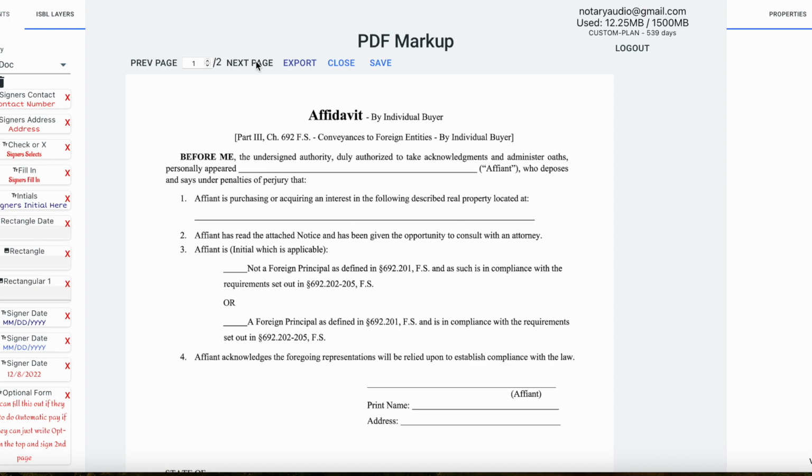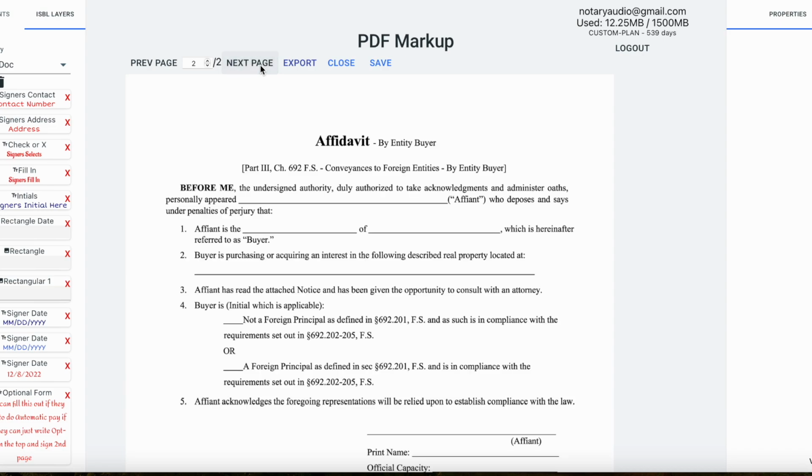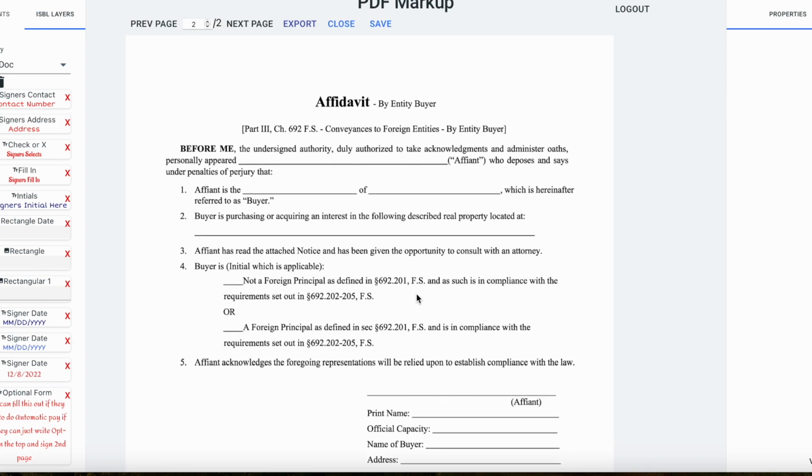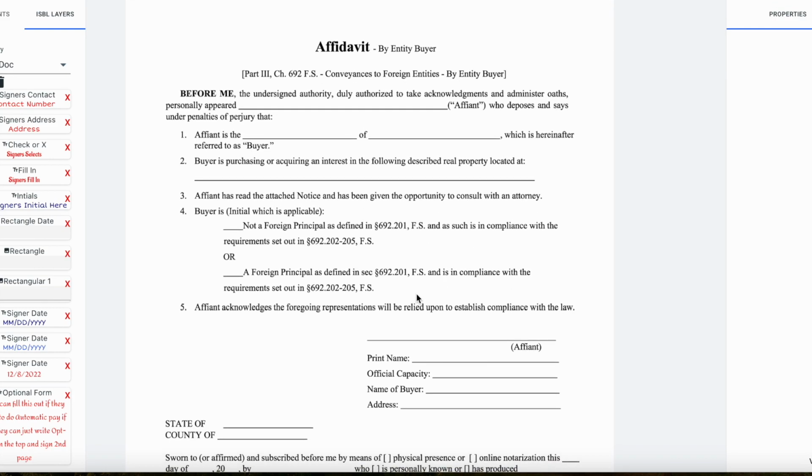So the difference between the affidavit by individual buyer and the affidavit by entity, which is this here, as you can see, and we're going to go over each. The affidavit by entity buyer, you would see that if one of the buyers is an entity such as a corporation, LLC, partnership, trust, or other legal entities.